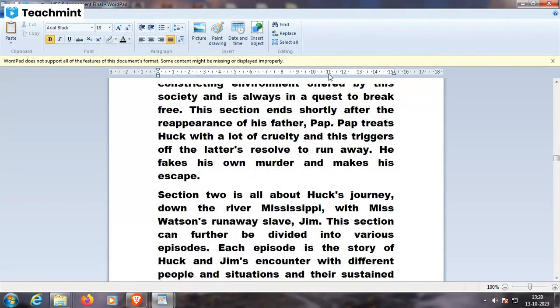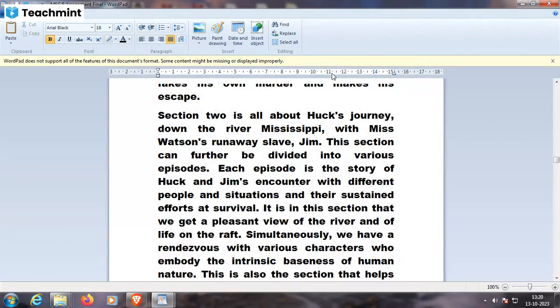Section 2 is about Huck's journey down the Mississippi River with Miss Watson's runaway slave. This section can further be divided into various episodes. Each episode is the story of Huck and Jim's encounter with different people and situations and their sustained efforts at survival.